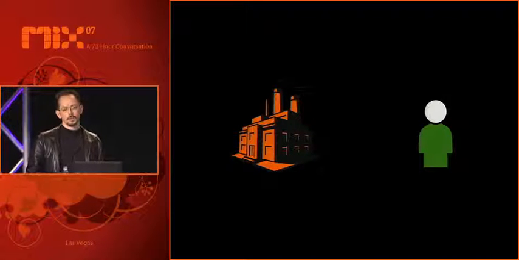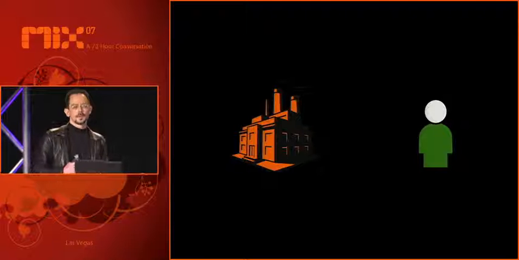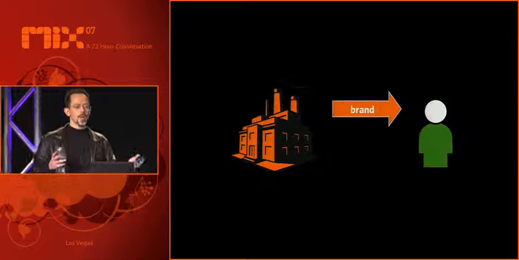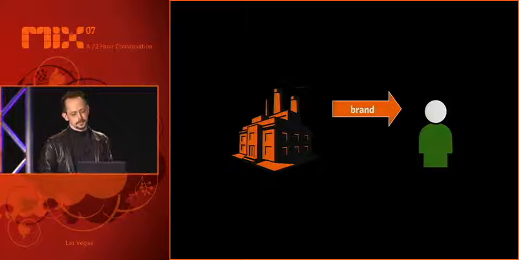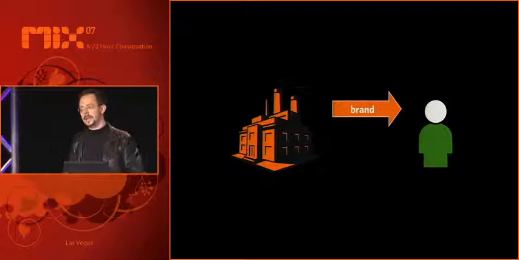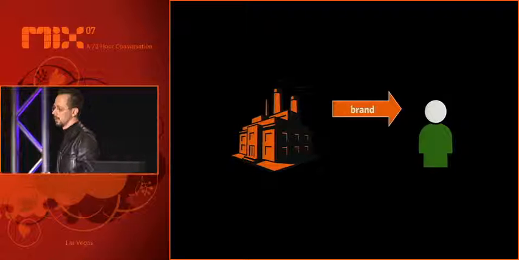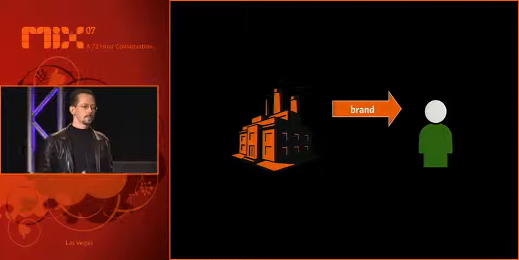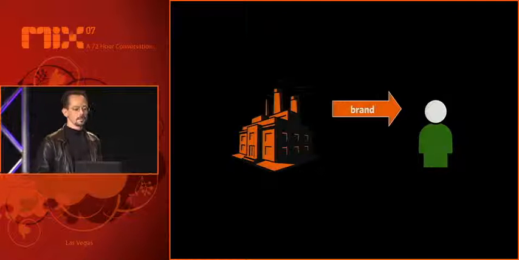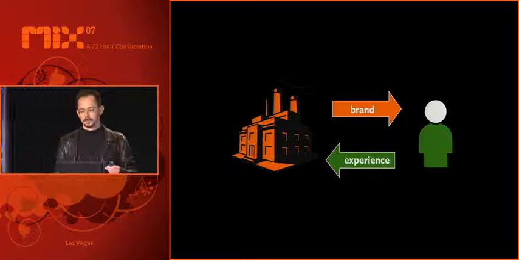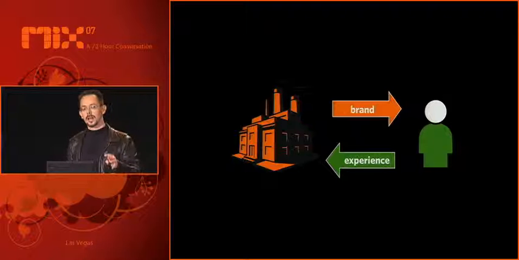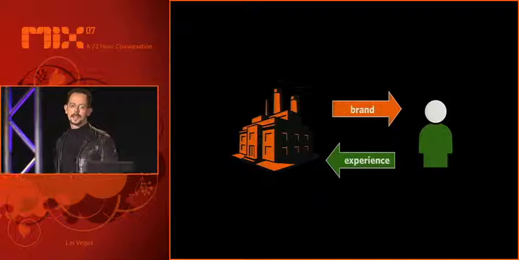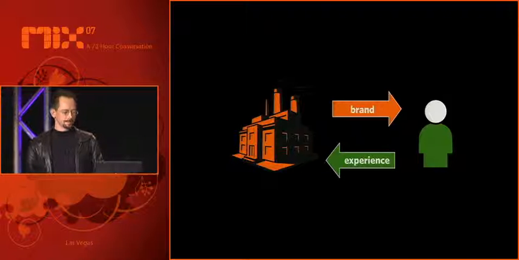Because a brand-driven approach starts with a company's vision of itself and projects that vision outward toward its audience. When you take an experience-driven approach, you start with the audience, an understanding of the experience that you want the audience to have, and work backward to identifying the underlying technological systems that you need to have in place in order to deliver that experience.